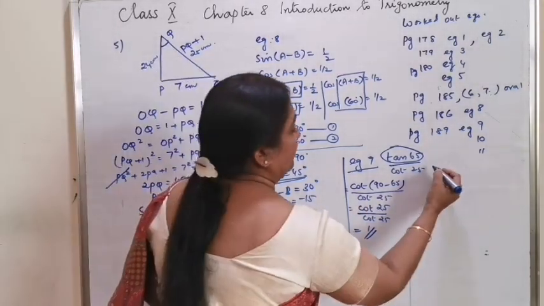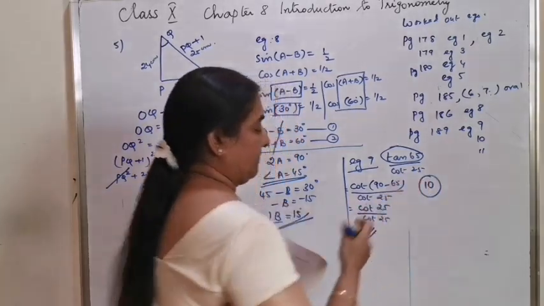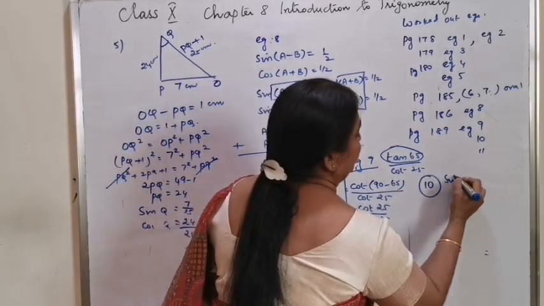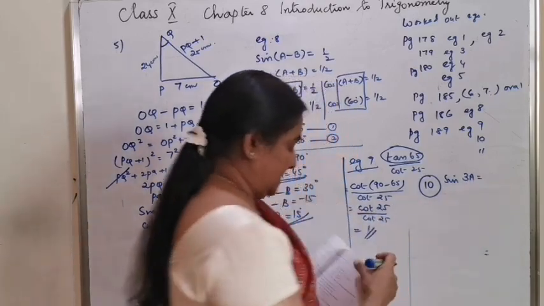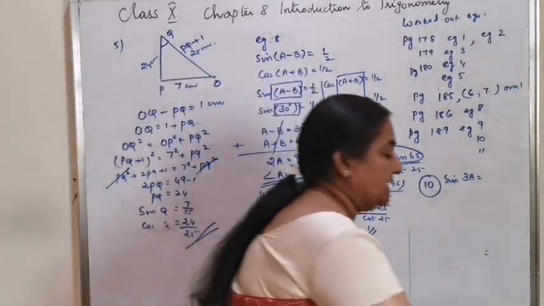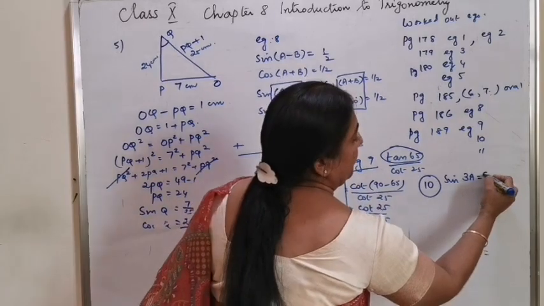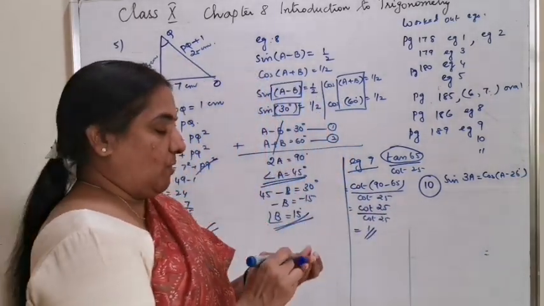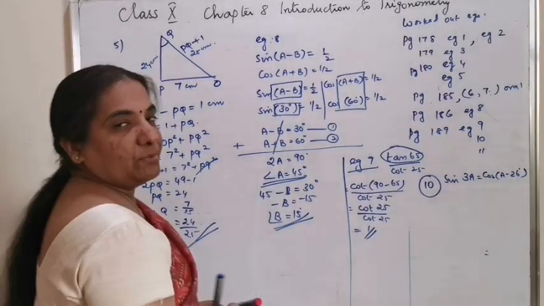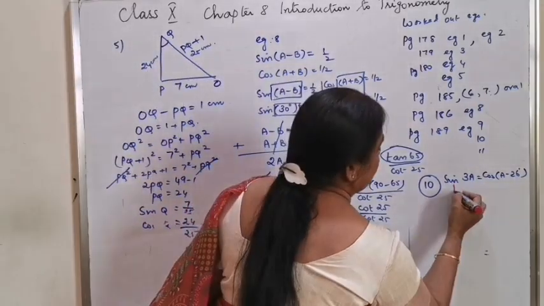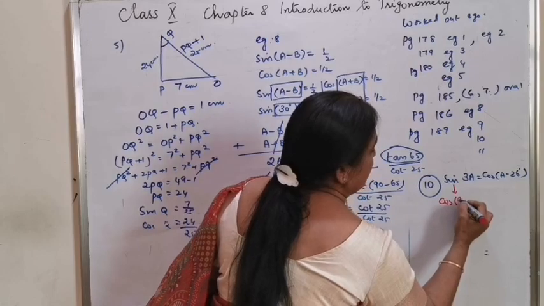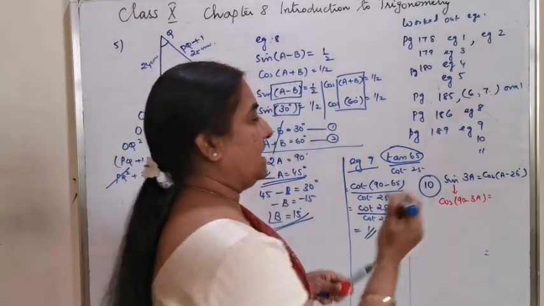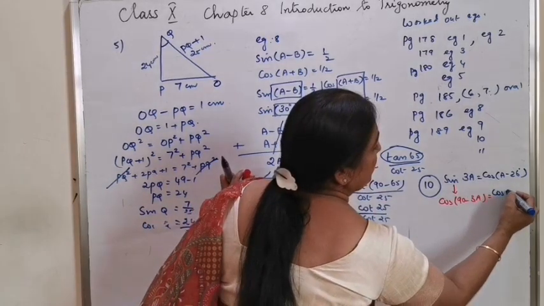Example 10. If sin 3A is equal to cos A minus 26, find the value of A. It's a very important question. Changing sin as cos 90 minus 3A is equal to cos A minus 26, which will be retained as such.